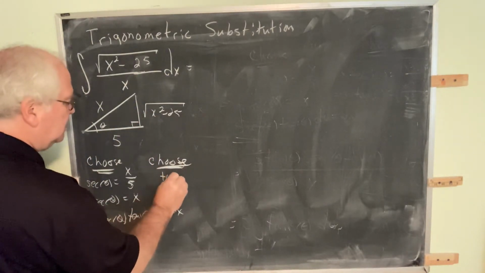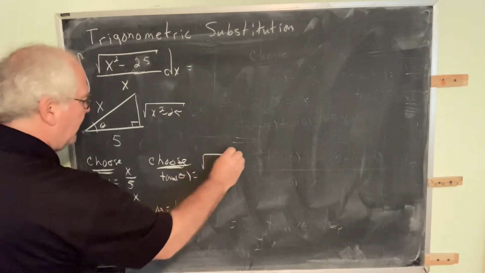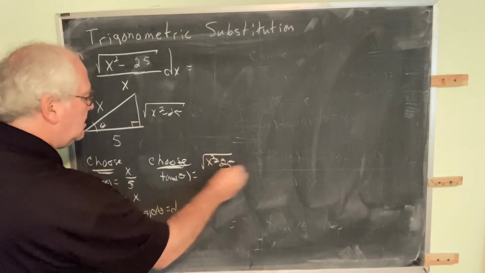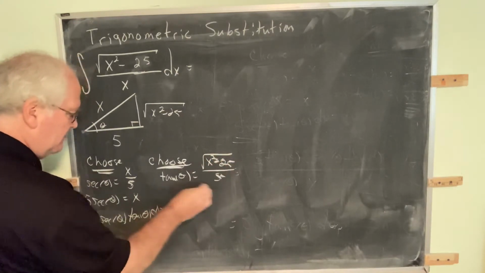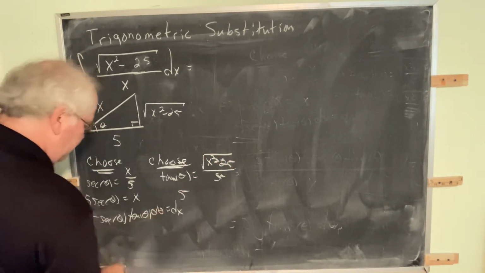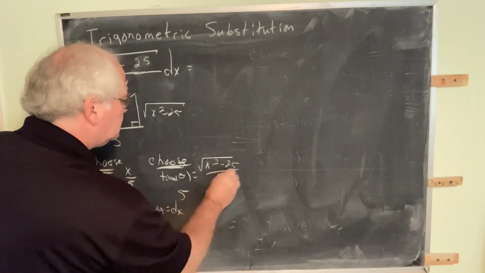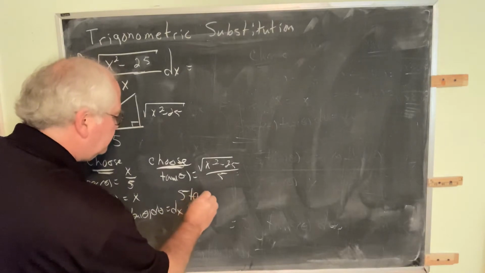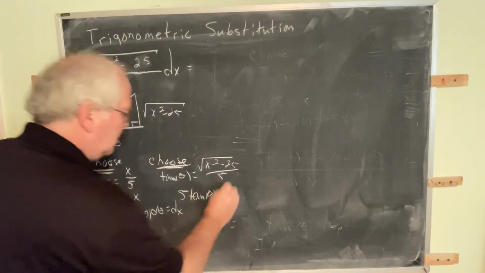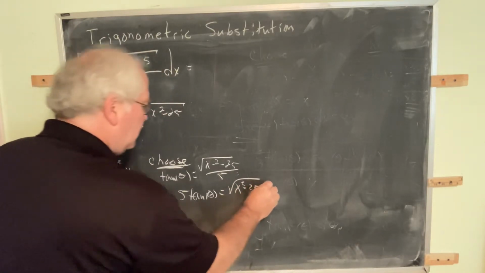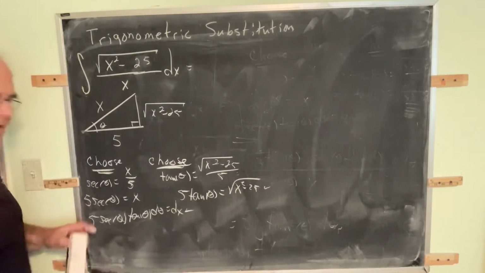So that's tangent of theta is the radical over 5, and move the 5 across. So 5 tangent theta is equal to the radical. And as soon as you have the radical, as soon as you have the differential, the substitution is exact.